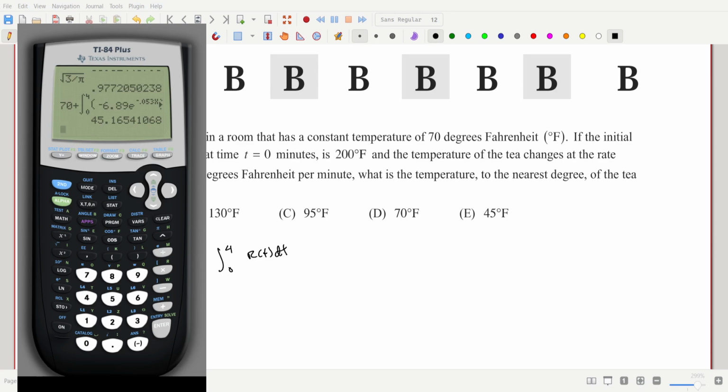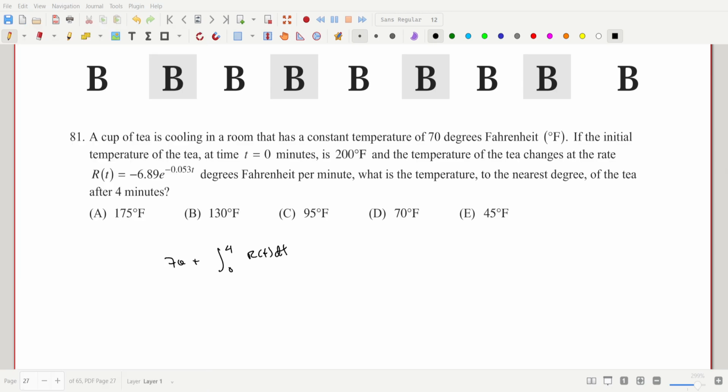To the nearest degree, 45. Everything's in minutes, yeah. All right, looks like 45. Okay. Yeah, this is initial plus change, right? Even though the change is negative, it's okay.